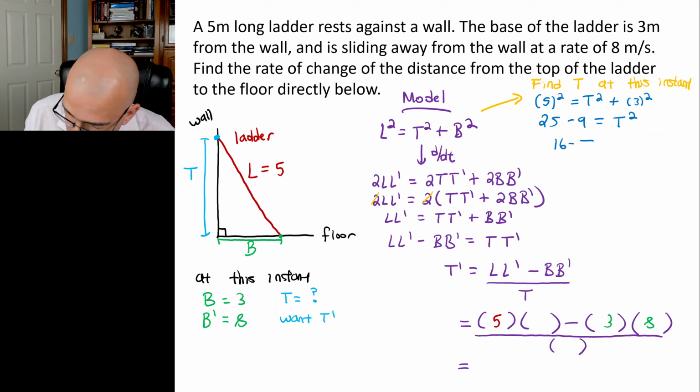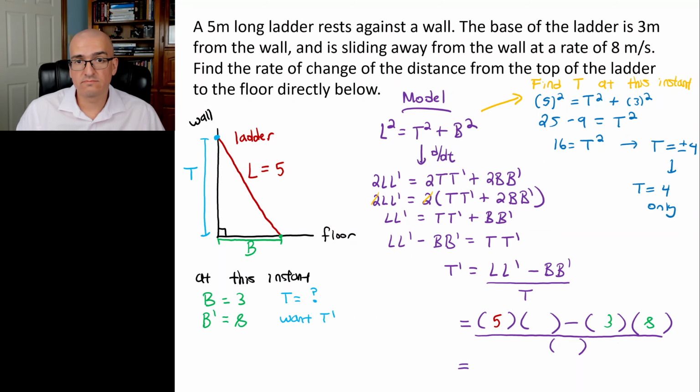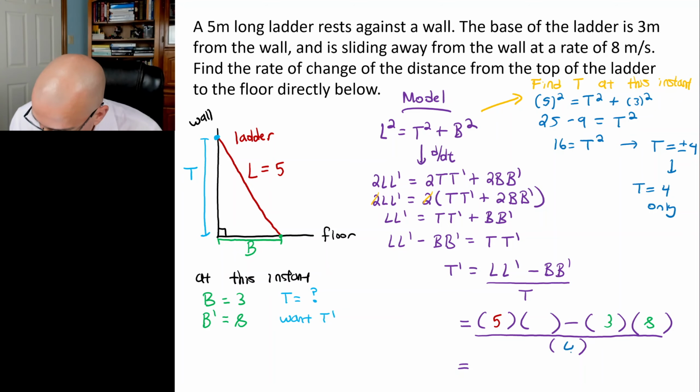So 16 is equal to T squared, and that means that T is equal to 4. Not minus 4, because this is a distance between the top of the ladder and the floor. And hopefully we want an answer that makes sense. So I'm going to put a 4 down here for T.